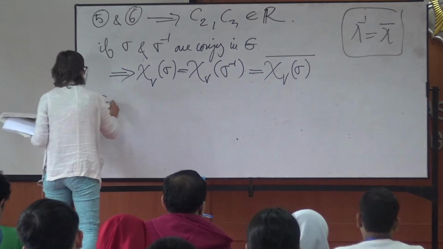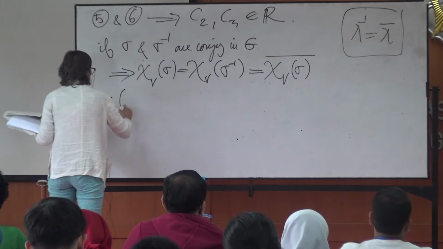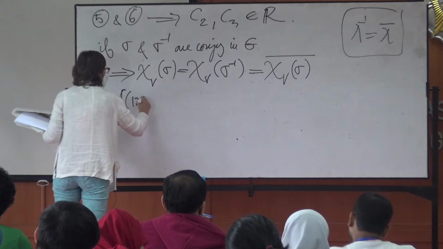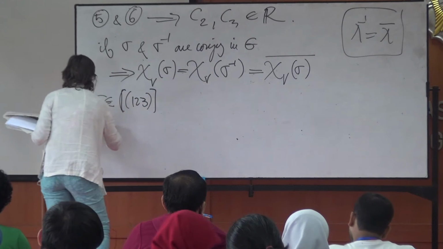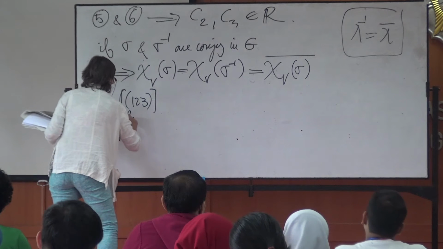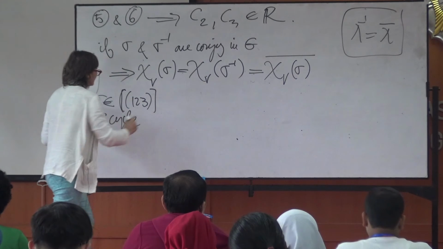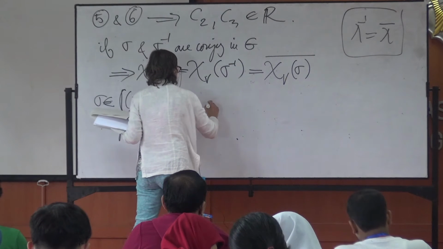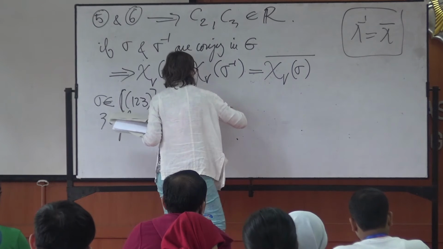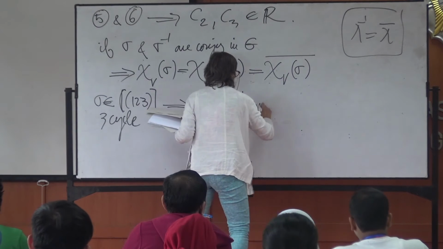Now, if we take sigma in the class of the 1, 2, 3 cycle, then sigma and sigma minus 1 are conjugate.